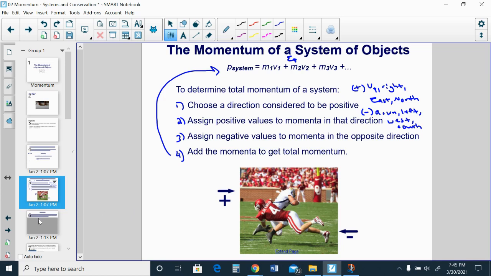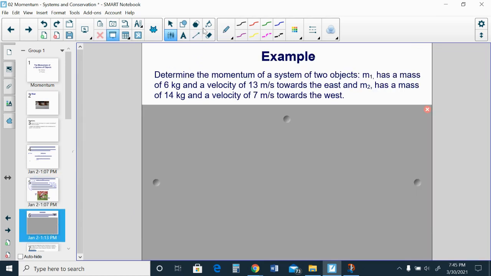So taking a look at a practice problem here, determine the momentum of a system of 2 objects. So we have M1 has a mass of 6 kilograms and a velocity of 13 meters per second toward the east.